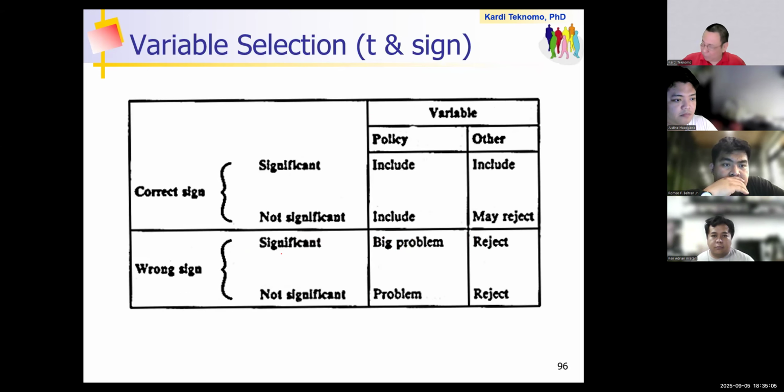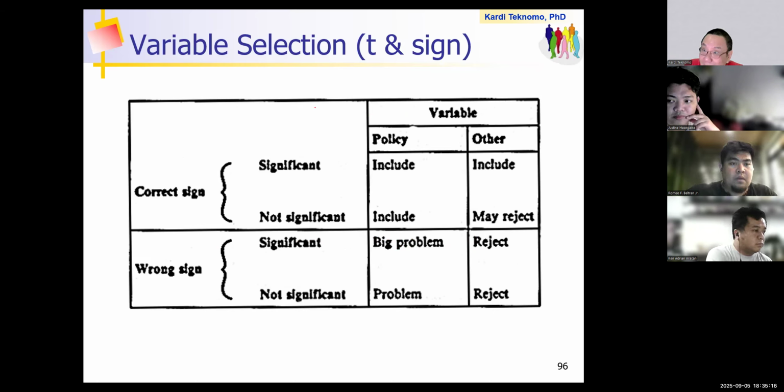This comes from our reference book, Ortuzar and Willumsen. This table: check the t value, the t statistic, and the sign. Remember, the t statistic must be larger than 1.645 for 10% error, or 1.96 for 5% error, based on the normal distribution. That is called significant or not.